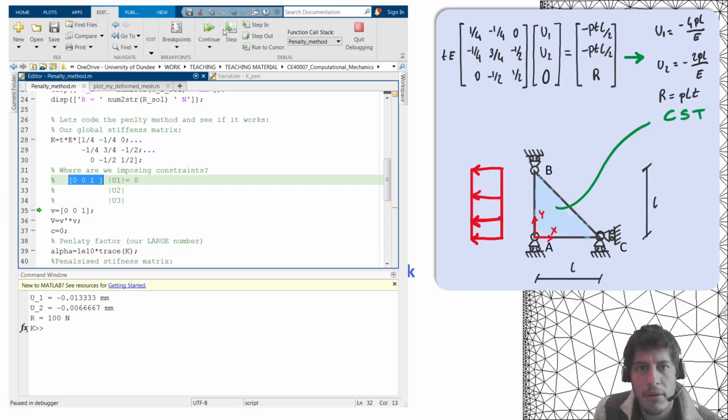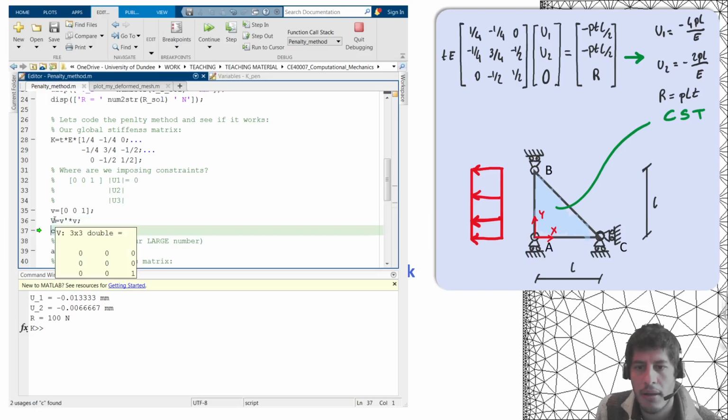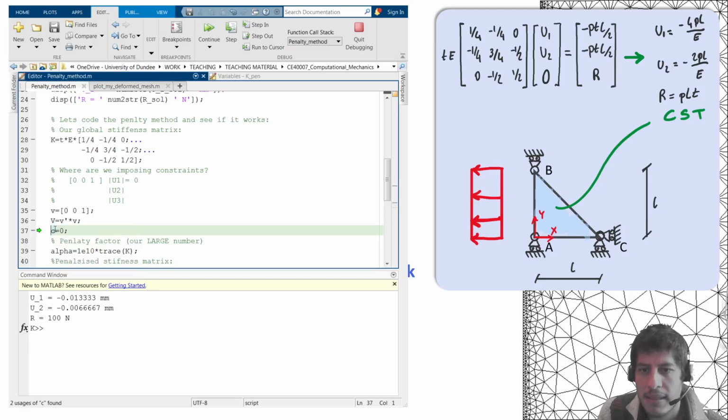And then capital V that we've seen in the previous slide, if you go back and you have these notes printed, you can look at this, basically is a matrix that puts a number 1 exactly where we're going to impose our penalty factor in the stiffness matrix. And then C was basically what we're imposing, so this value here.